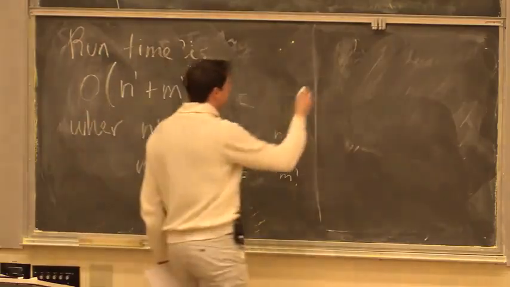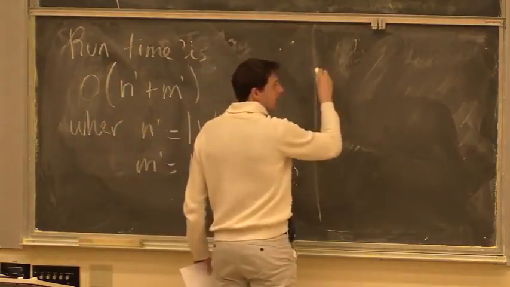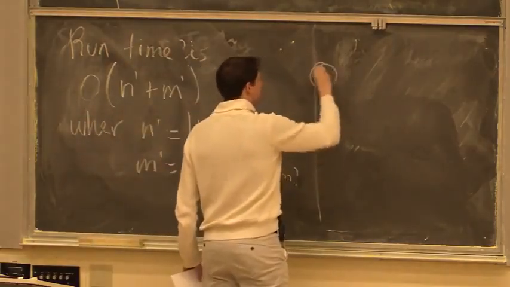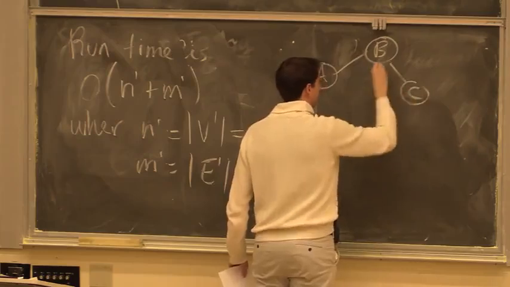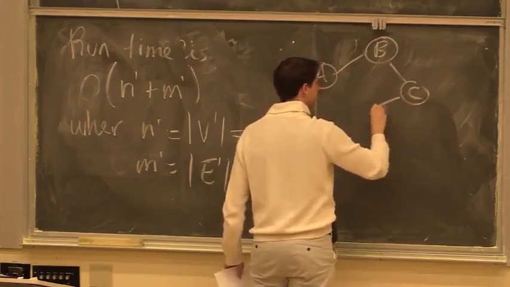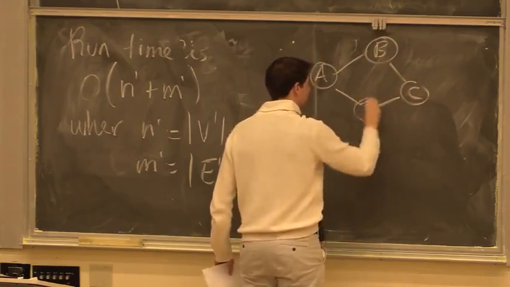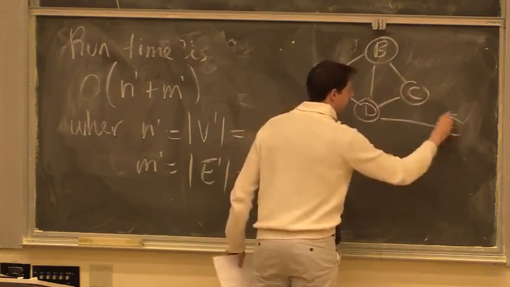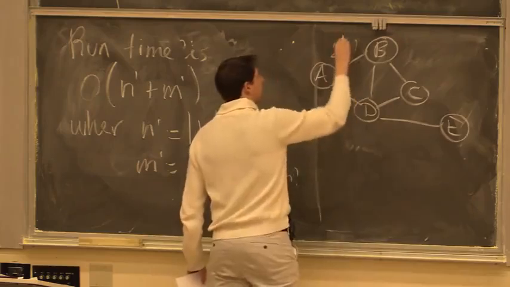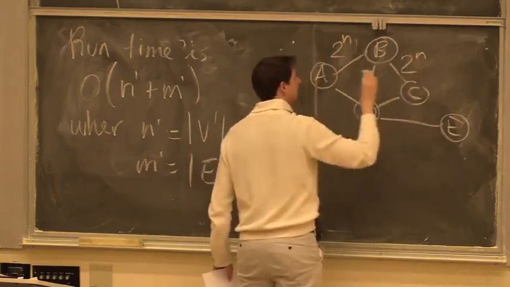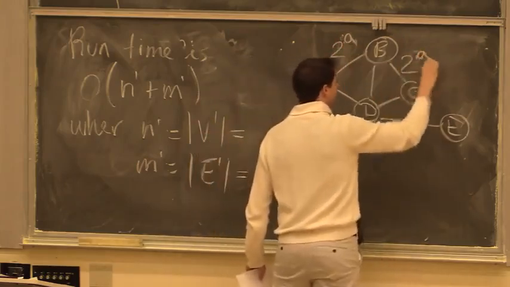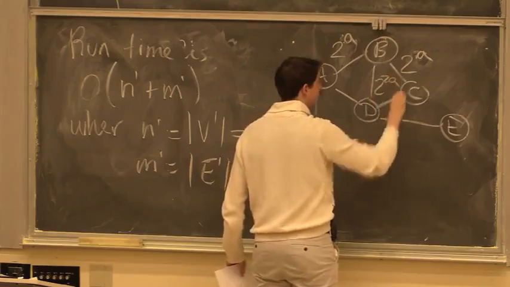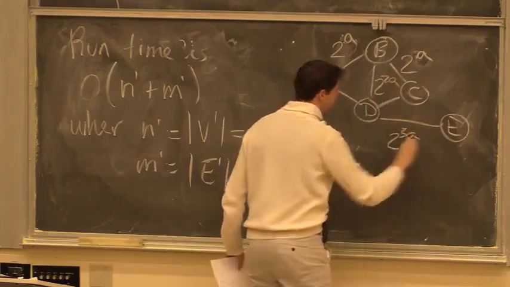So maybe to make it concrete, suppose we're looking at the graph that we looked at before, A, B, C, D. But now the weights are 2 to the a, 2 to the a, 2 to the 2a, and 2 to the 3a.